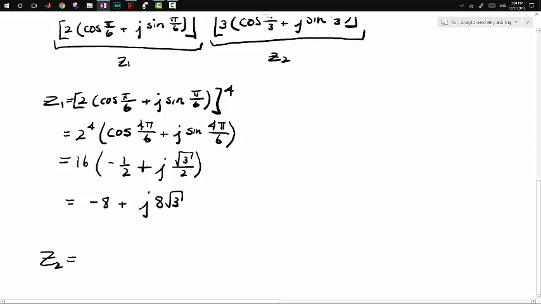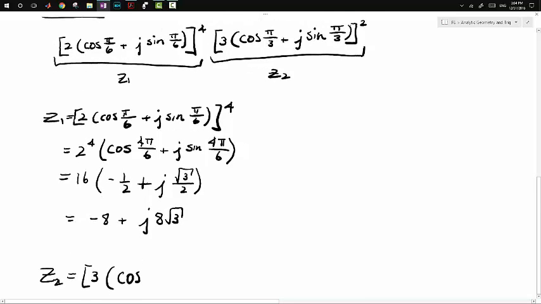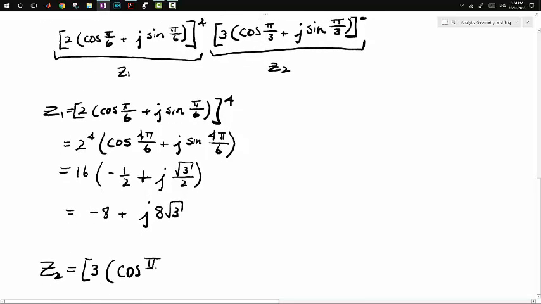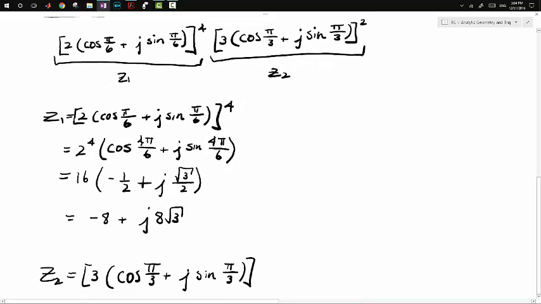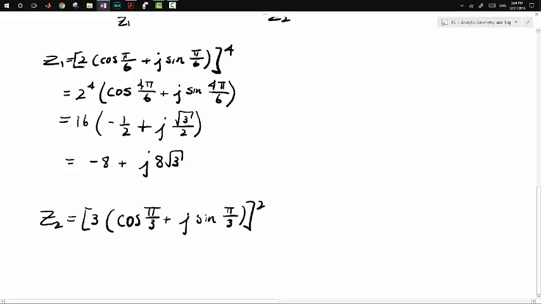Our z2, using the same equation, let me rewrite this: 3 times cosine of pi over 3 plus j times sine of pi over 3, and this is raised to the second power.